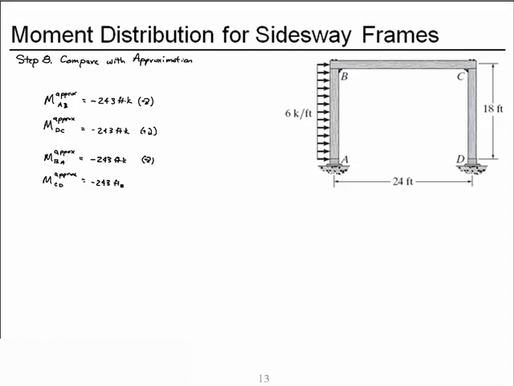Which is not a surprise when you consider we were using the Portal method, which says that the inflection point is at mid-height of the column, so the moments top and bottom of the column will be identical.